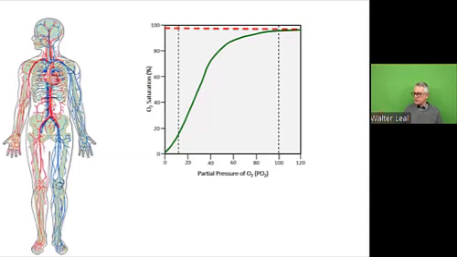So what we see here is the binding curve of saturation of oxygen. This is the partial pressure of oxygen that we talk about, with the partial pressure in the lung being high and the partial pressure of oxygen in the peripheral tissue being low.